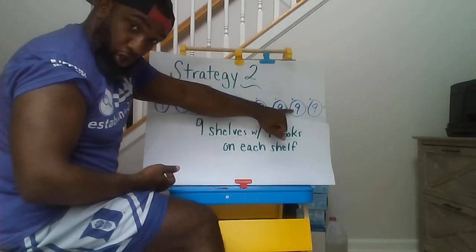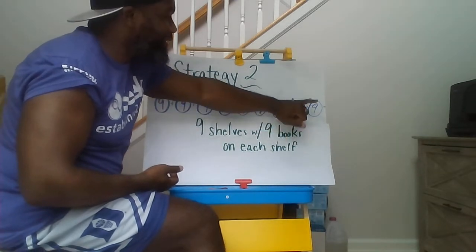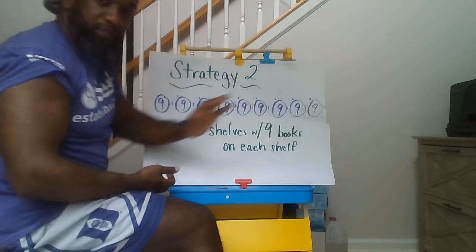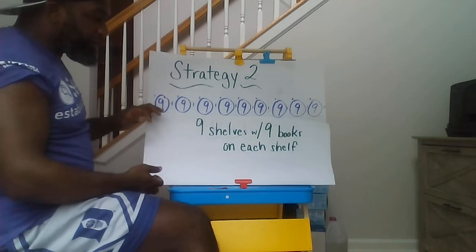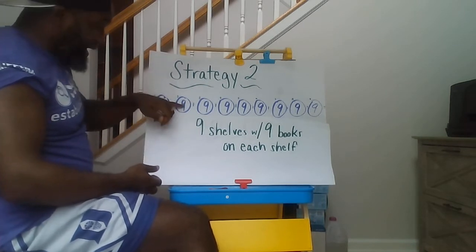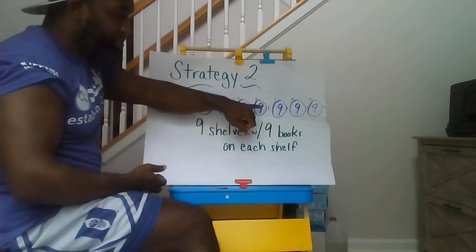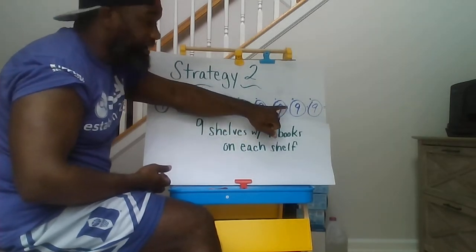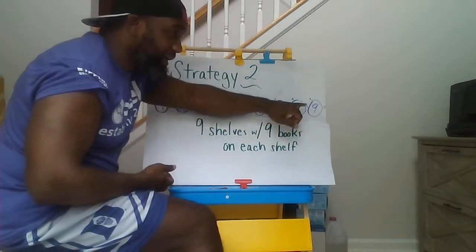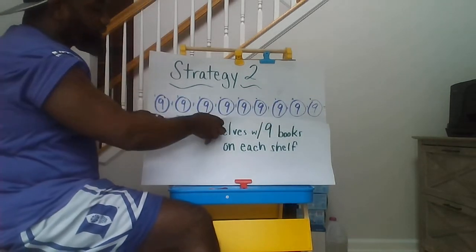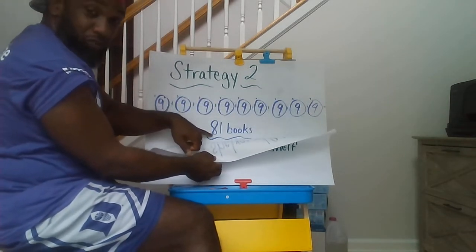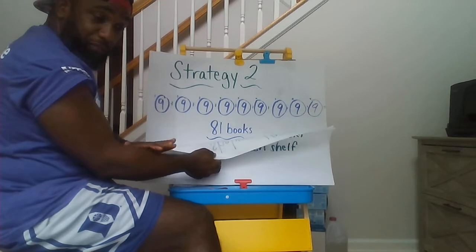Eighth shelf, 9 books. Ninth shelf, 9 books. If we do 9 plus 9 plus 9 plus 9 plus 9 plus 9 plus 9 plus 9 plus 9, that got us to our 81 books that we started with.